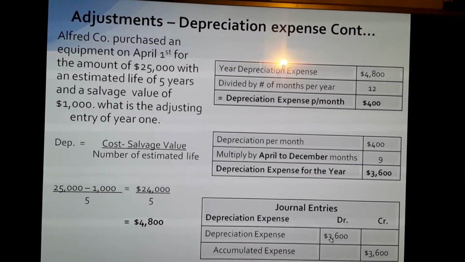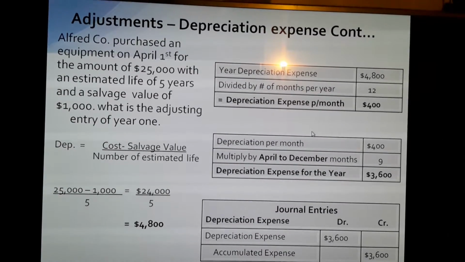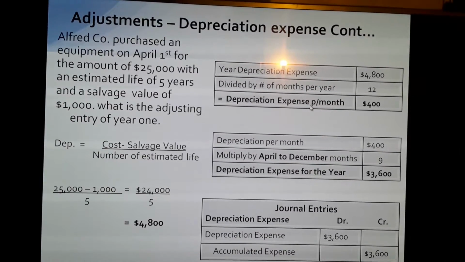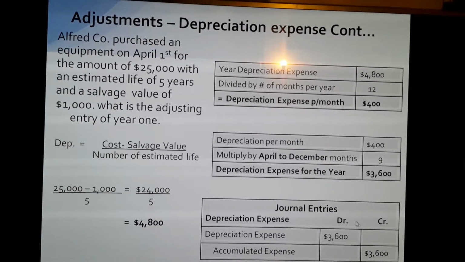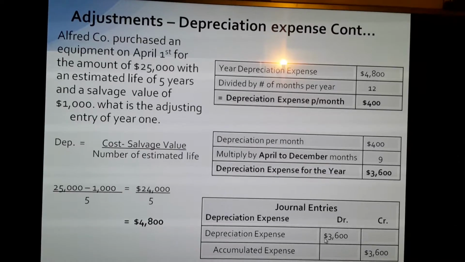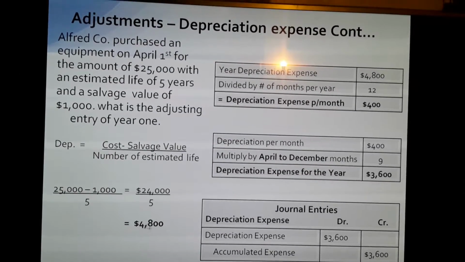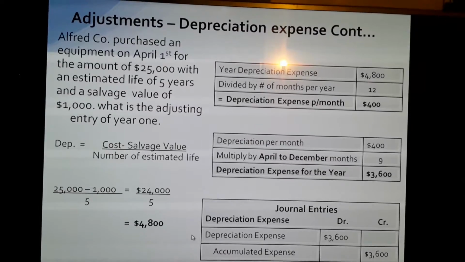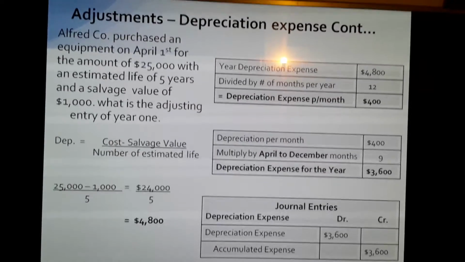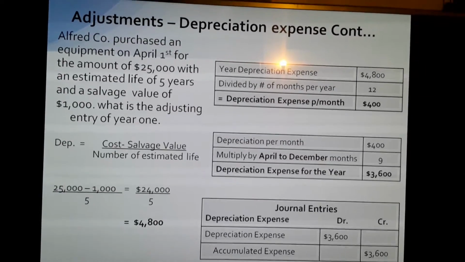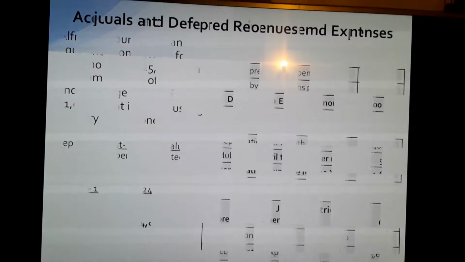Let's say this is 2014. If you bought this in 2014, this is your entry. But for December 2015, this is gonna be the full amount, 4,800, right? But we're gonna deal more with this later. This is just a preamble.